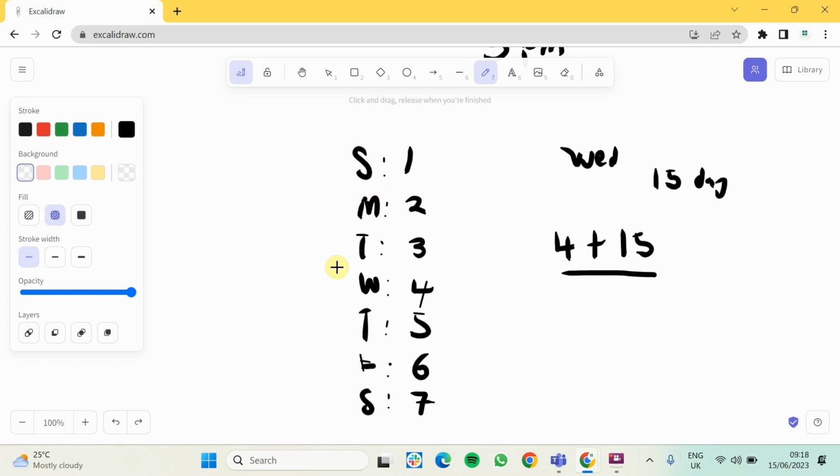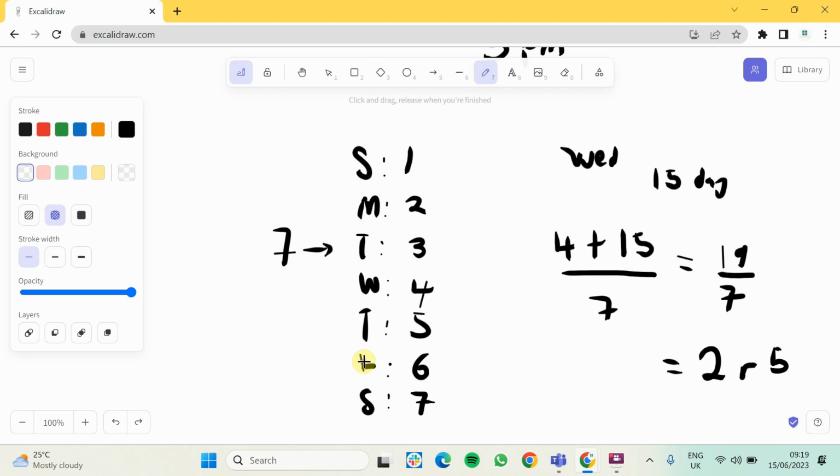We have 7 counts, so it wraps around with a modulus of 7, because this is 1, 2, 3, 4, 5, 6, 7. 4 plus 15 is 19. 19 divided by 7 is 2 with a remainder of 5. So that means it will be on day 5, and day 5 is Thursday. Does that make sense?